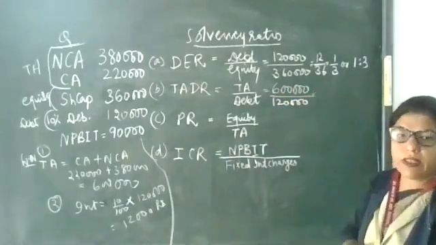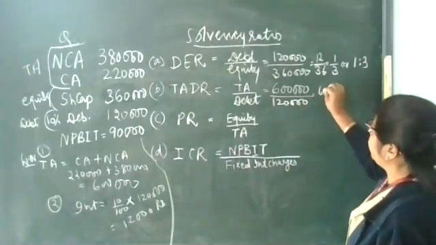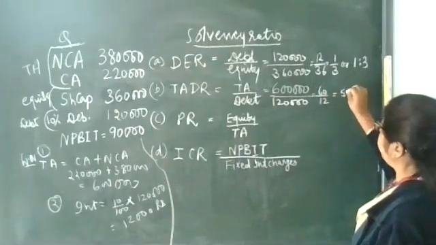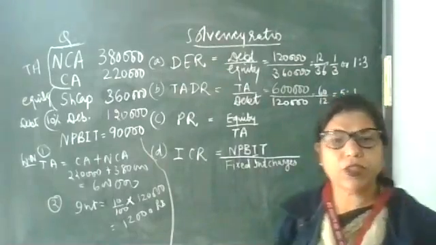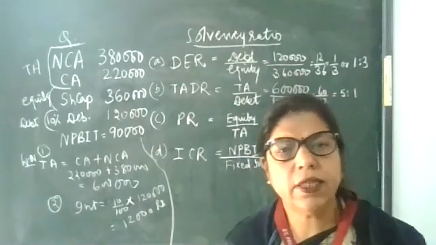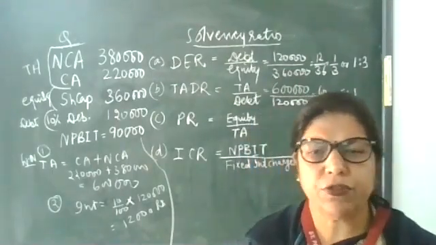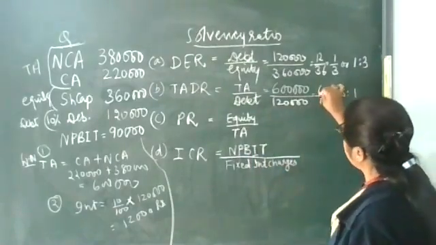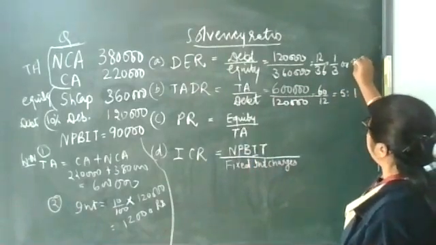We cut the zeros, then it will be 60 upon 12, which is equal to 5:1. Clear? Any doubt? You first remove the zeros, then it will be easy for you. So this is 60, or we can write it this way, 0.3.